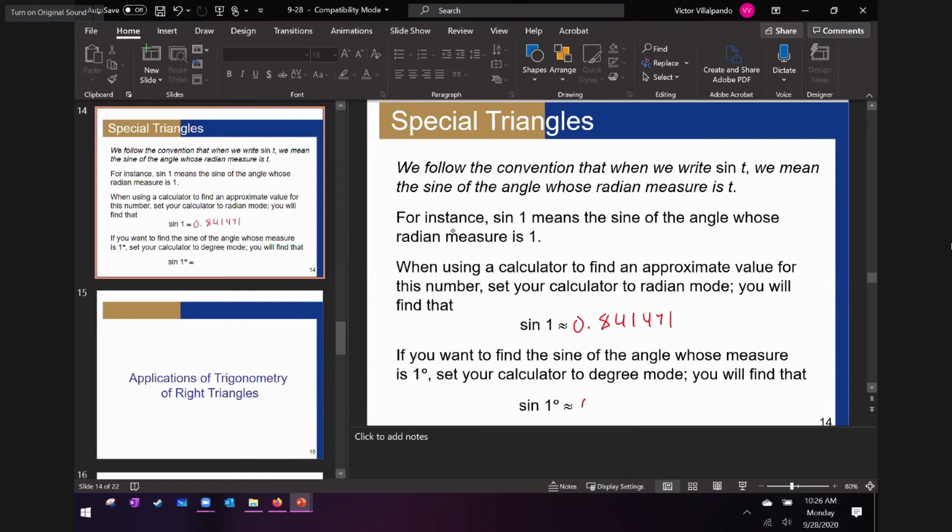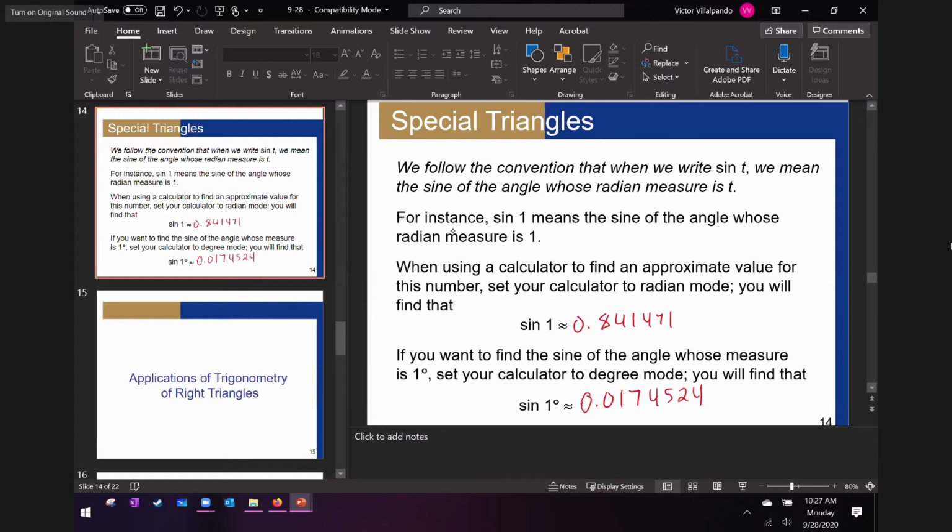Here you get 0.0174524, which is a lot less, about 0.01.